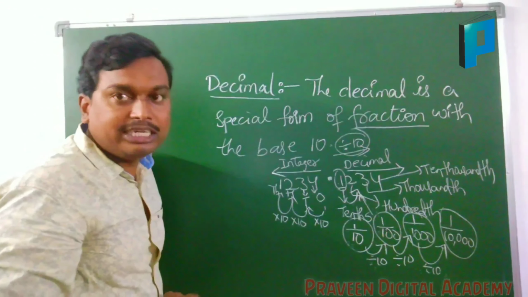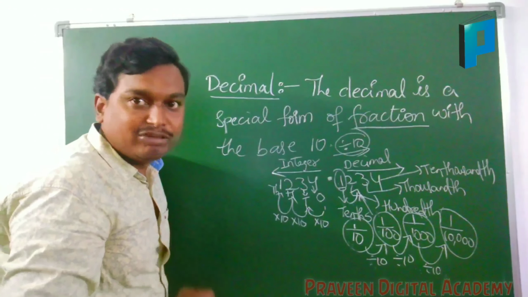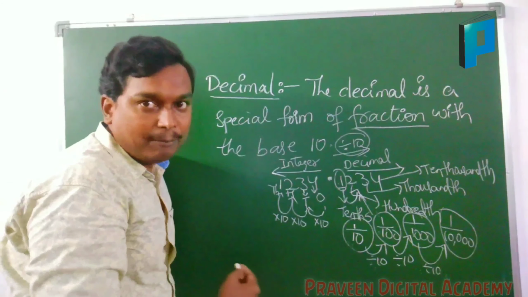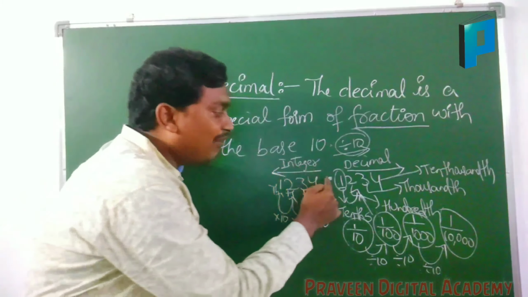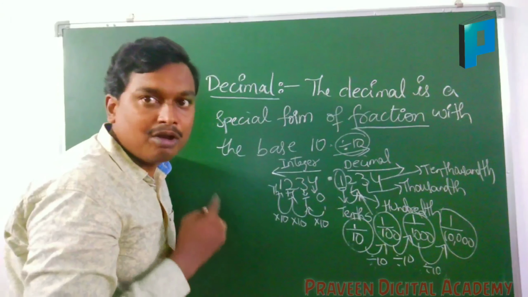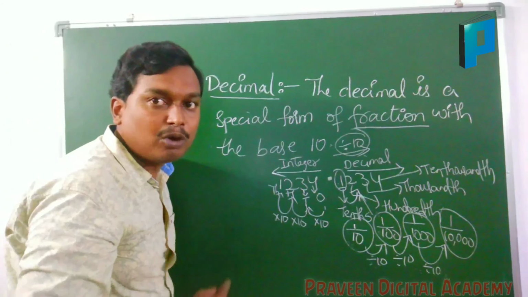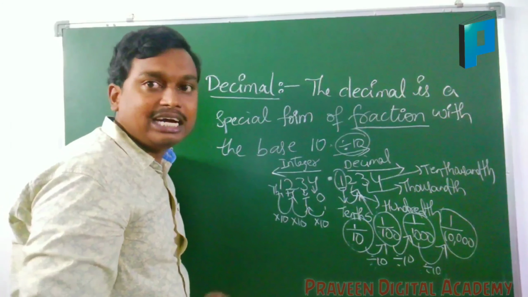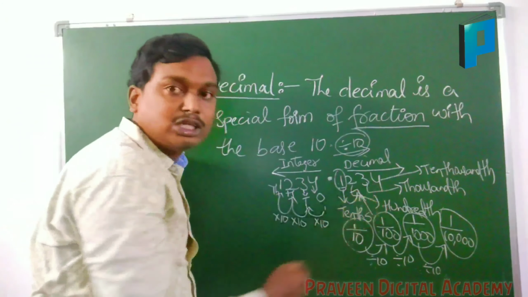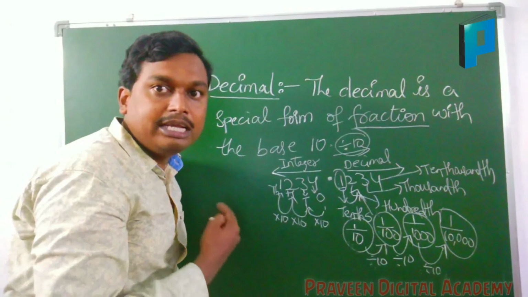So, we understood the place values of a number and how to read a number. Simply remember, after the decimal, we have to pronounce each and every number. And after the 4 you can also have more numbers.